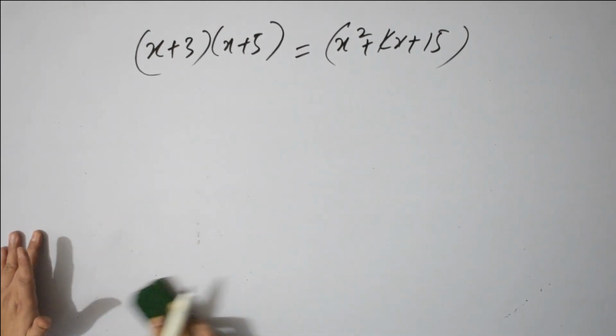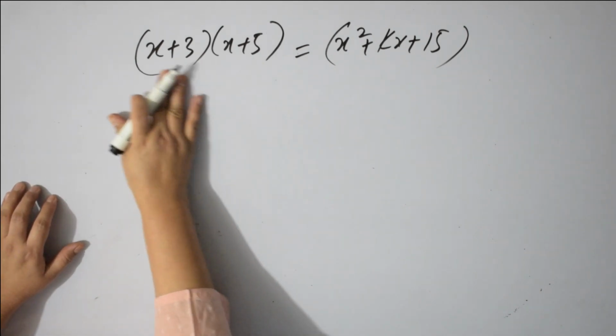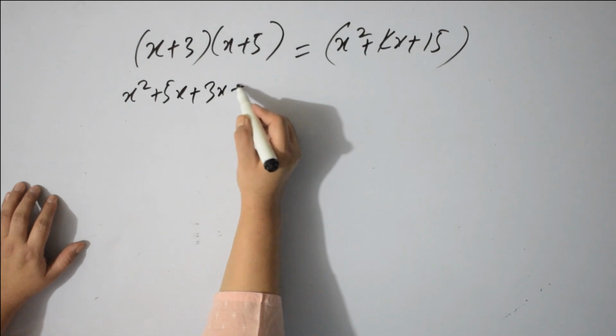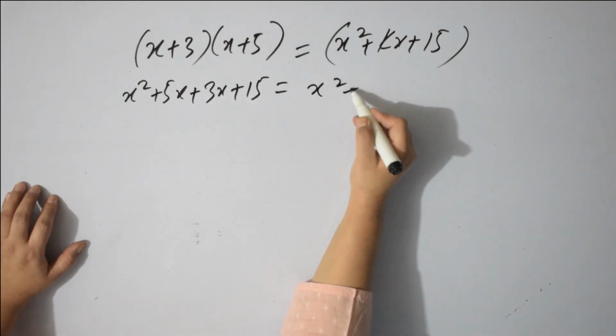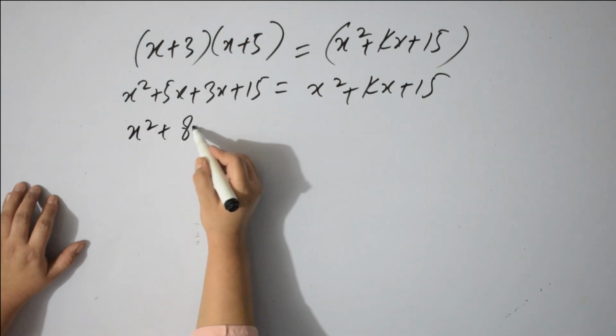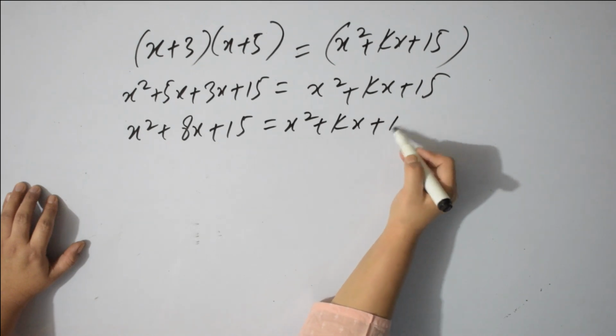Multiplying, on my left hand side it becomes x square plus 5x plus 3x plus 15. So x square plus 8x plus 15 equals x square plus kx plus 15.